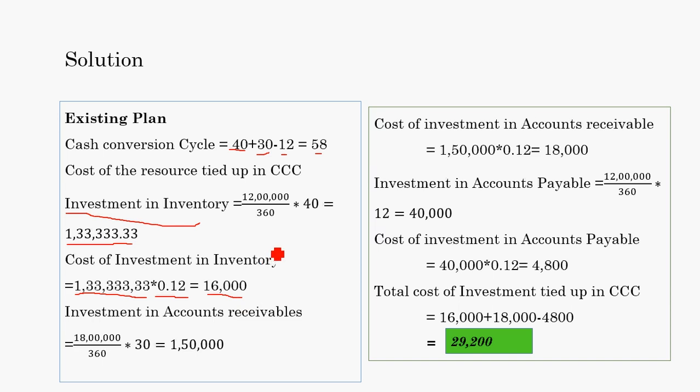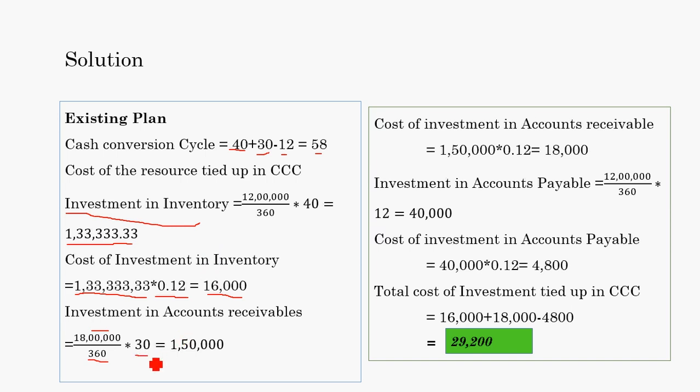Similarly, you're going to calculate for accounts receivable, the investment in accounts receivable. Accounts receivable is nothing but sales which are yet to be realized into cash. So I take the annual sales value of 18 lakhs here, divide that by 360 to get the sales value for 1 day. Now the accounts receivable is the number of days the sales stays in accounts receivable, which is 30 days.